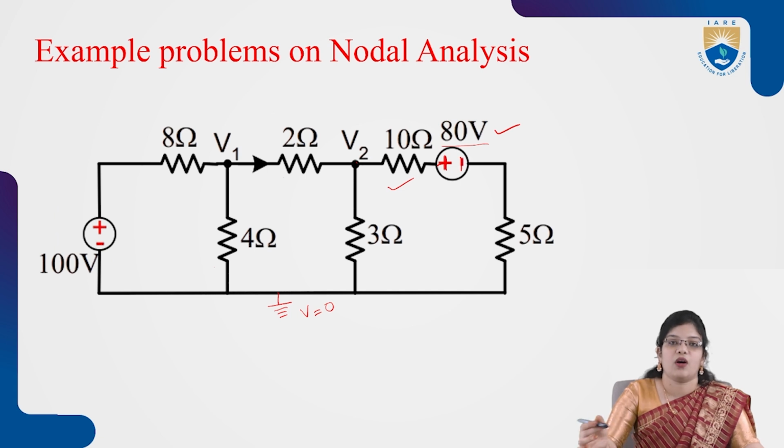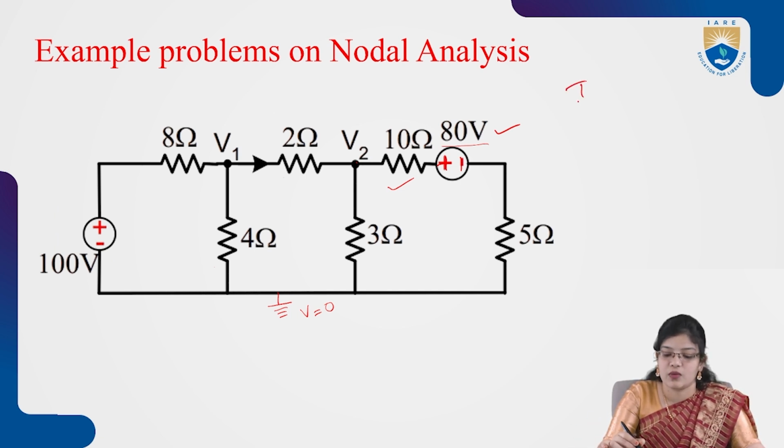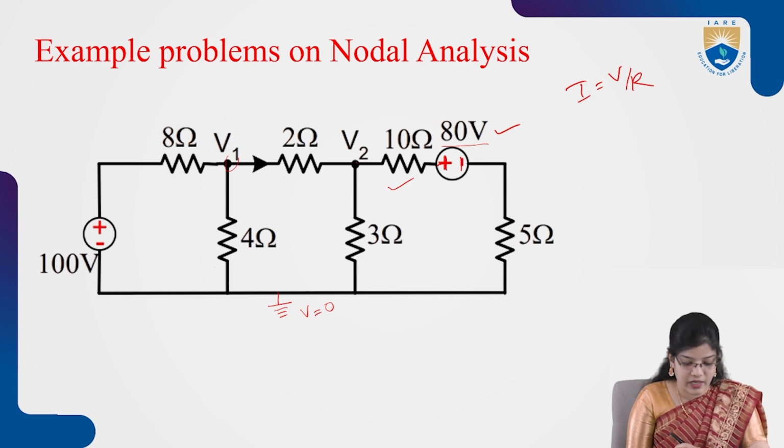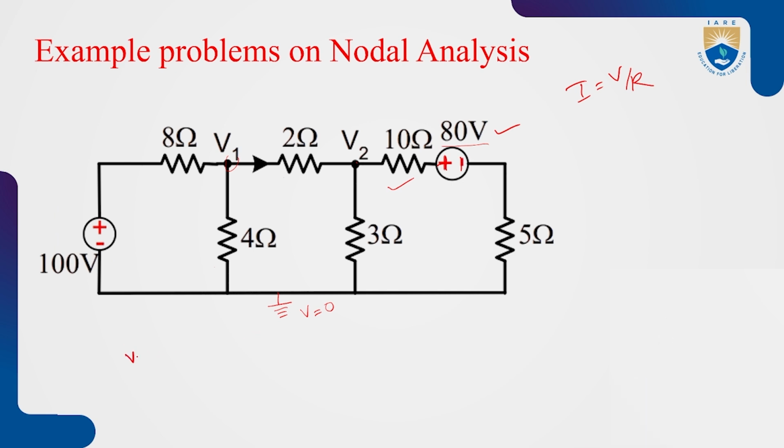So from this we are going to calculate the node voltages by using I equals V by R. So as here we are going to calculate the node voltages, the equation can be written as (V1 minus 100) by 8 plus V1 by 4 plus (V1 minus V2) by 2.